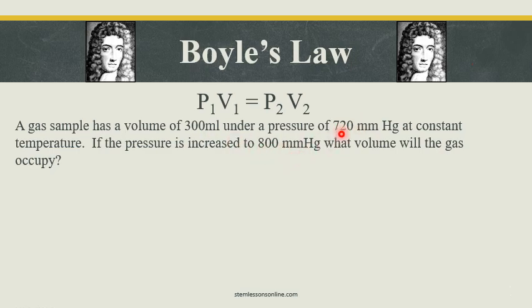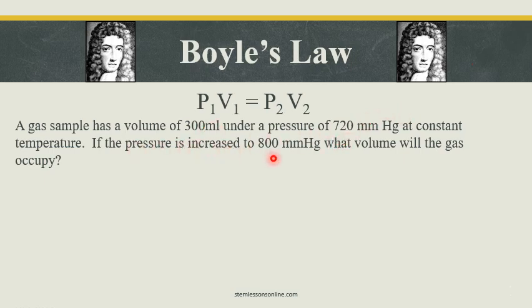So I will take one of them as P1, because that corresponds to the volume here. So 300 milliliter is the volume and this is the pressure, and I will consider this one as V1 and this one as P1 because that goes together.